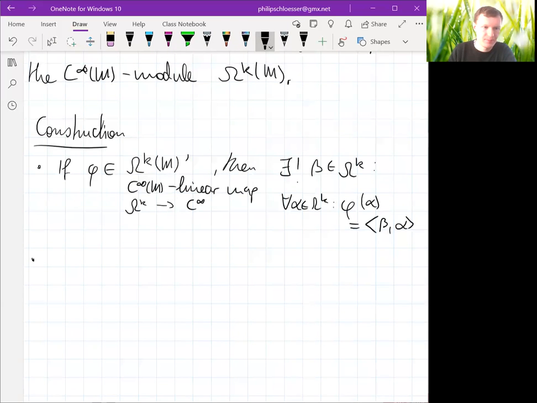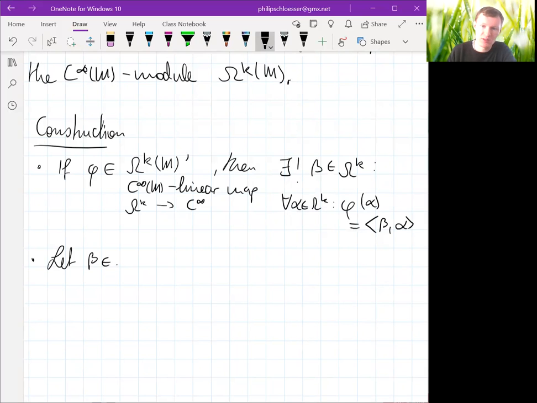And now ultimately we want to define the Hodge star using this result here. So we have to somehow construct a map from omega k to C infinity. And which map is this going to be? Well, essentially it's going to be the wedge product with another element.